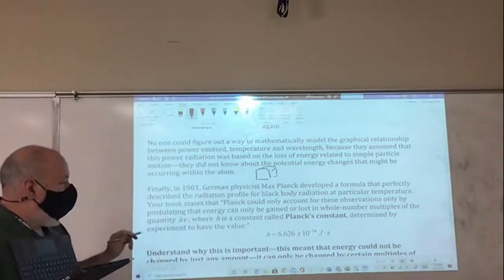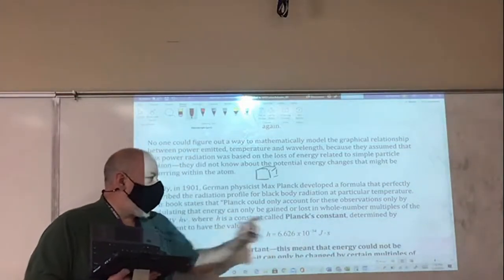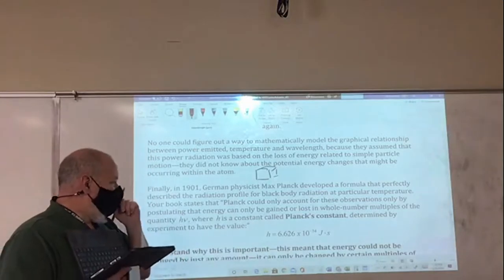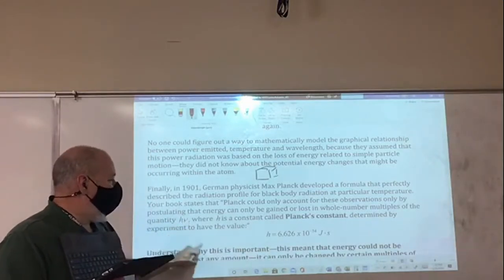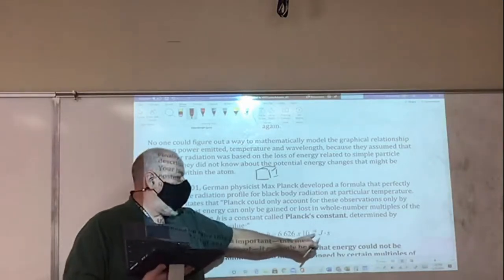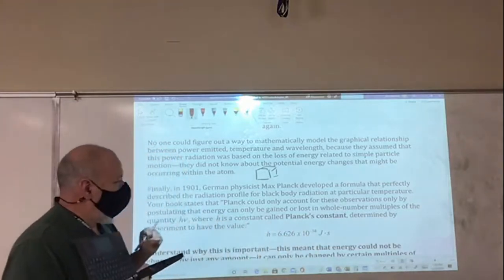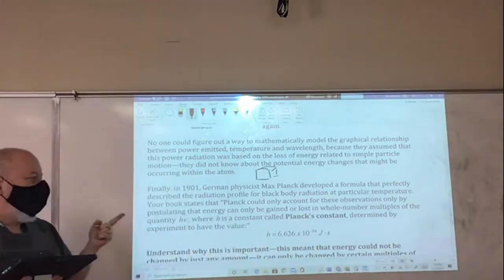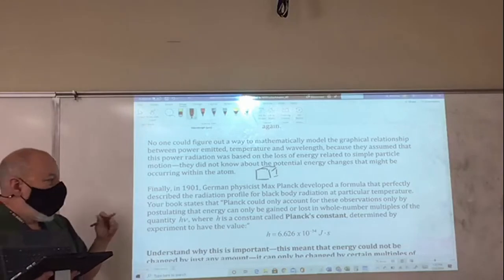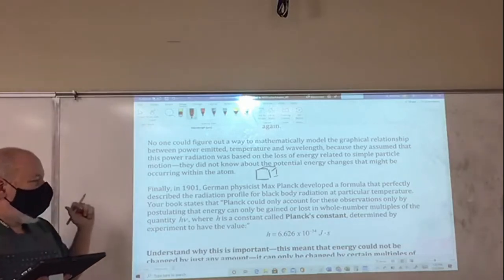Now, it's a very small constant, and multiplied by our frequencies, it's still a number with a large negative exponent. But that's just for one atom. But that's not the point.